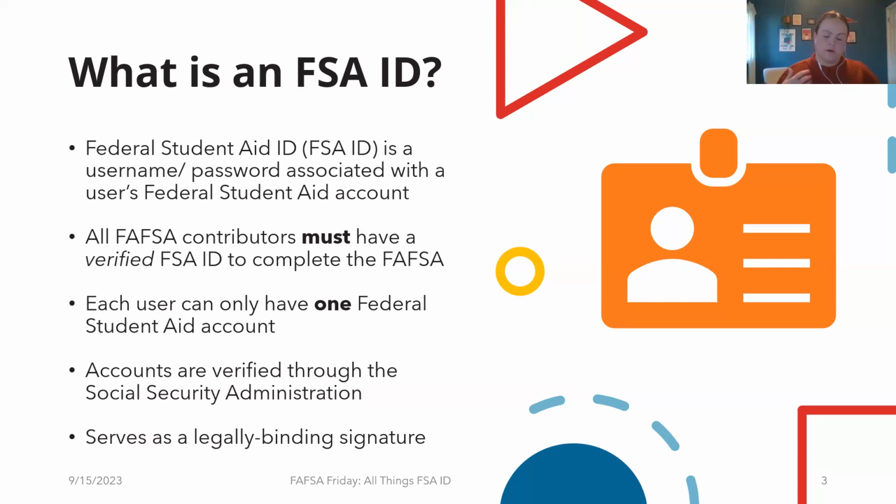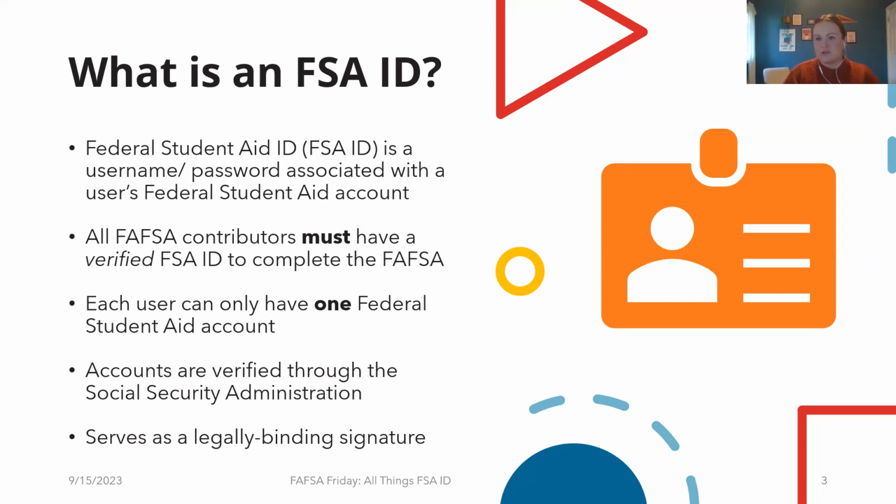For some folks, that might mean going through the retrieval process for their password or username if they've forgotten it, but everybody only gets one account in their lifetime. That may be something you have to help folks navigate, retrieving that information if they've set up an FSA ID before. The reason you can only have one Federal Student Aid account, or FSA ID, is because the FSA ID is tied to, for most people, your Social Security number and verified by the Social Security Administration, which is why you can only have that one account.